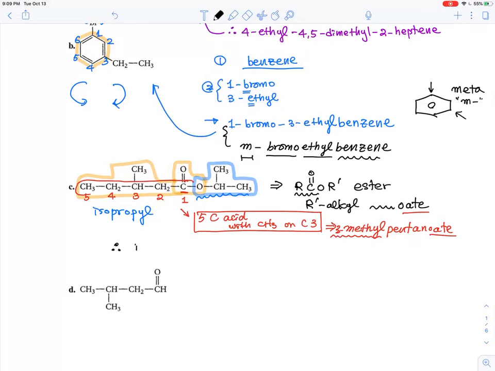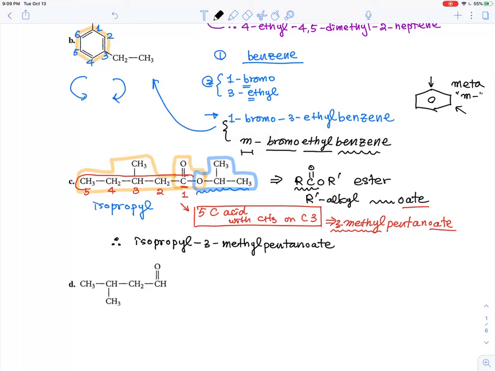The answer is isopropyl, and then because the parent name starts with a number, you need to put a hyphen, 3-methylpentanoate. Okay, so this is the nomenclature for number 3 shown up here.